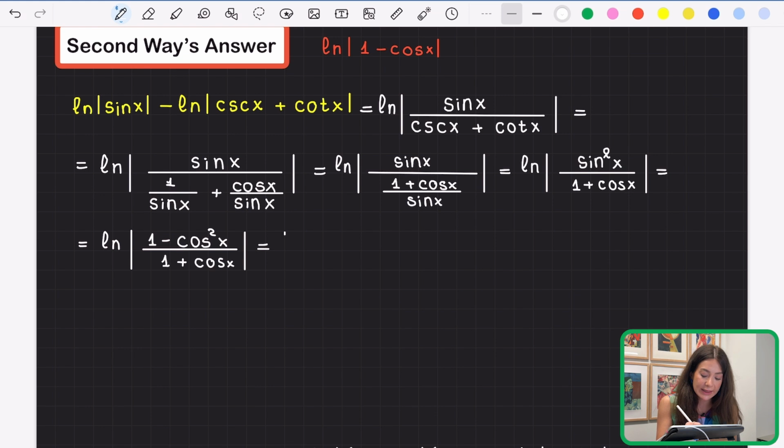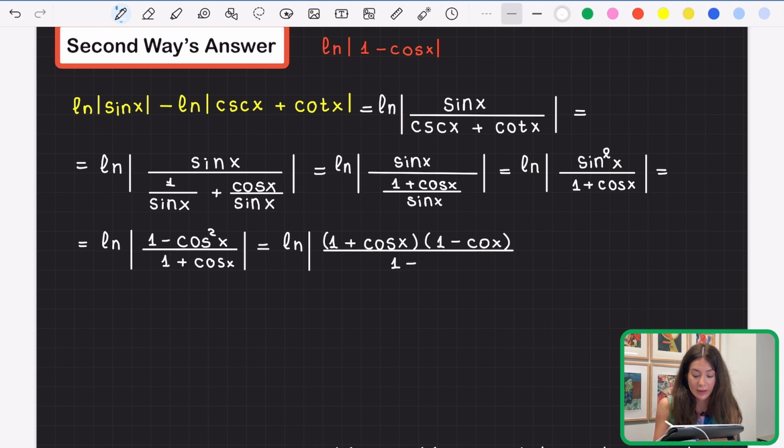So I'm going to write it as conjugate pairs. Oh, ln. And you probably can see already that I have 1 plus cosine x in the numerator as well as in the denominator. And of course, I'm going to cancel them.